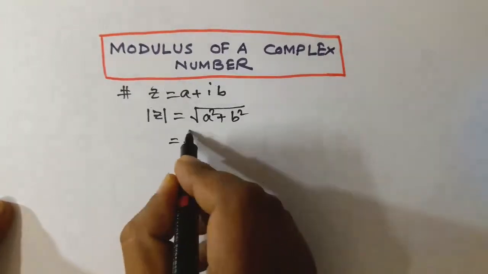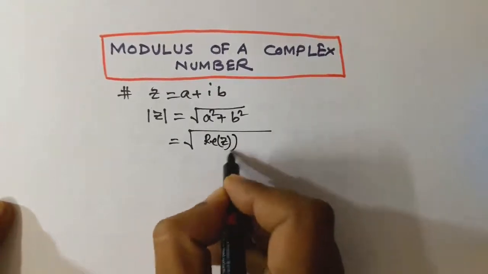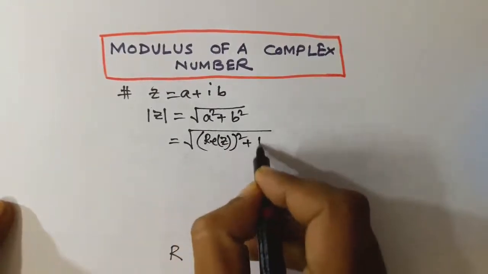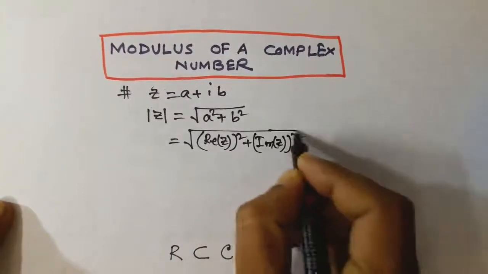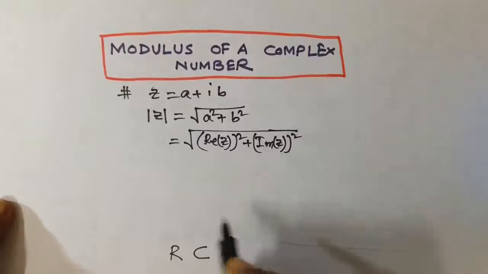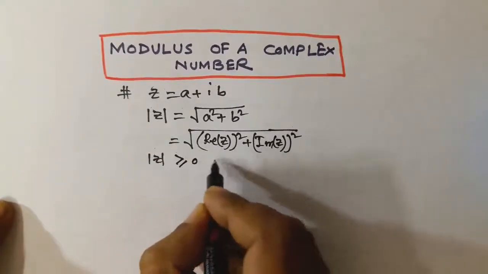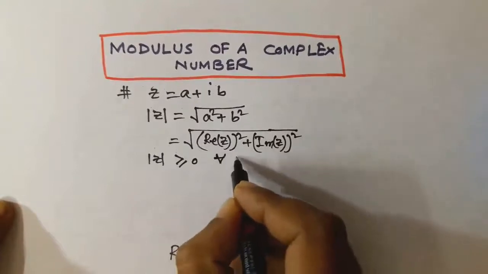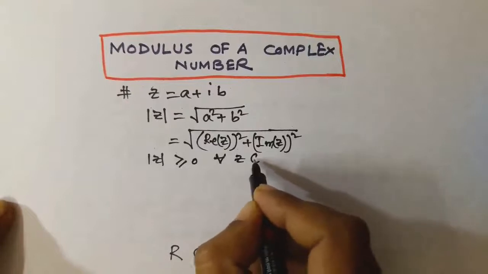That is, root over of real part of z whole square plus imaginary part of z whole square. Clearly mod z is greater than or equal to 0 for all z belonging to the set of complex numbers.